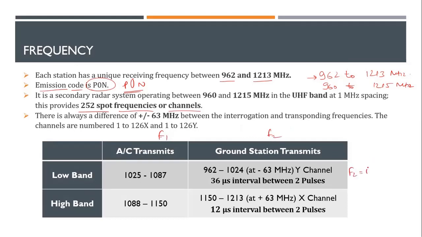Suppose F2 is equal to F1 minus 63. That will give me a low band. If F2 is equal to F1 plus 63, then I get a high band. You can see examples also given here.